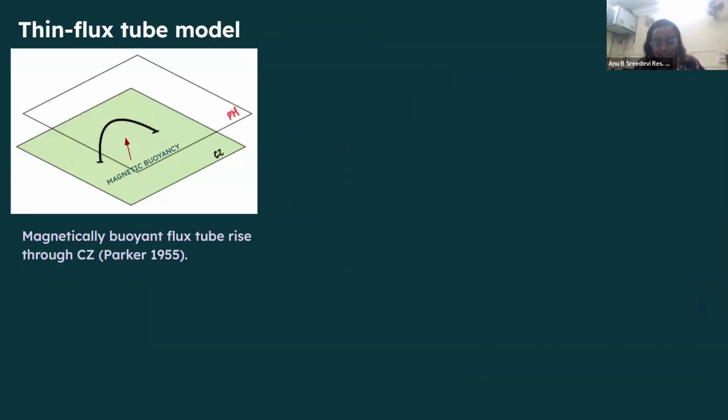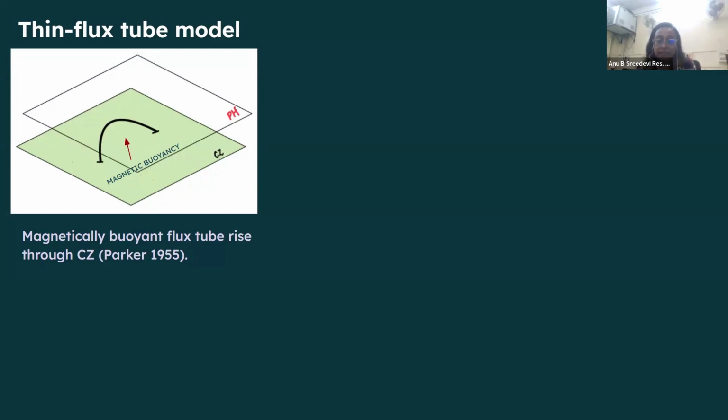Now, there is still confusion about how BMRs are formed. One of the simplest explanations is given by the thin flux tube model. The thin flux tube model says that there is a bundle of magnetic field lines, which we call a thin flux tube, anchored at the convection zone.